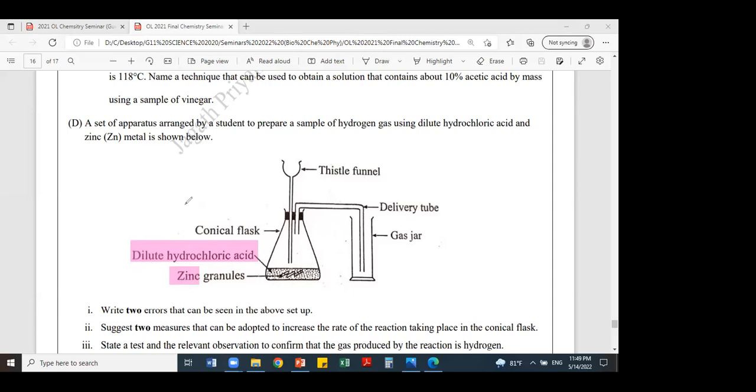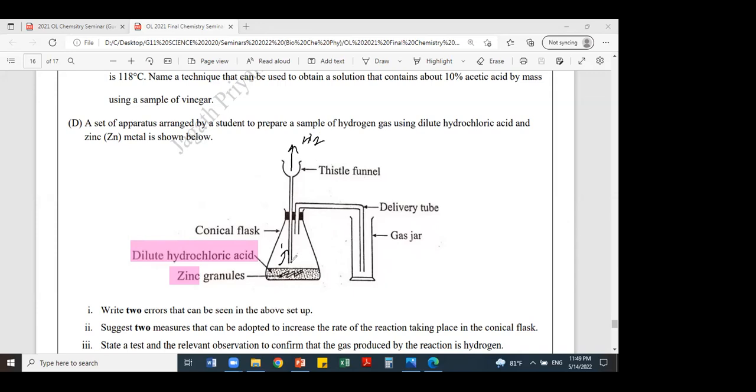But not all metals react with, especially dilute hydrochloric acid; it doesn't react with the metals below copper in the activity series. Copper and any metal below copper don't react with dilute acid. But zinc, magnesium and all the other metals above hydrogen in the activity series react with HCl, liberating hydrogen gas. So what happens here is, once HCl is completely added from the funnel, gas can come out instead of passing through the delivery tube. That is one issue.